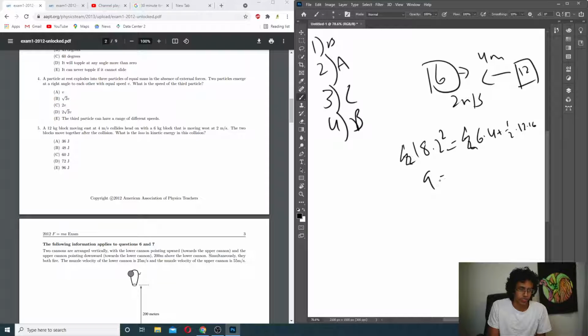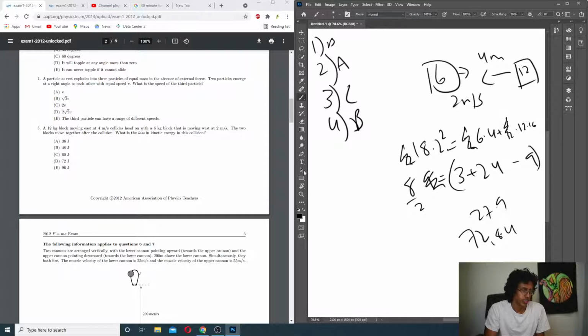So you get 9 is equal to 3 plus 24. Then you want to subtract 9, and make sure to multiply the 8 back and then divide by 2. Do not forget to do that. So essentially we get 27 minus 9, 18, over 2. 18 times 4, 72. Alright, D, 5D.